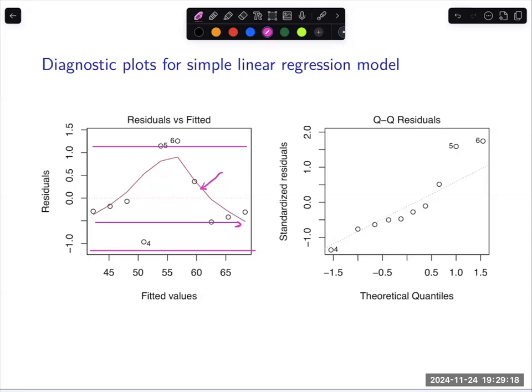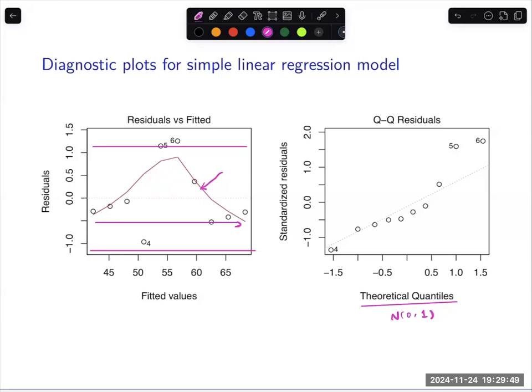Let's take a look at the right one. The right one is the standardized residual against the theoretical quantile, corresponding to the standard normal distribution. Basically, we rank our residuals from smallest to largest and plot them one by one against the ranked theoretical quantiles from the standard normal distribution.